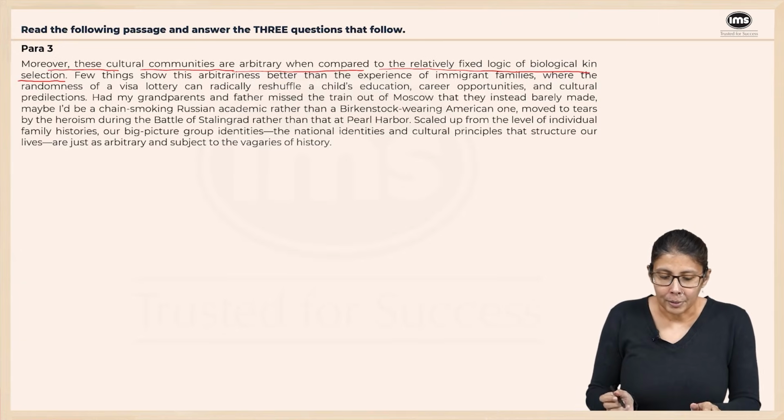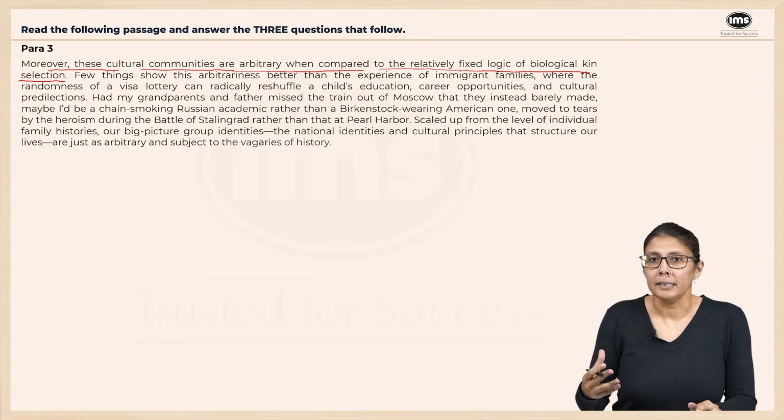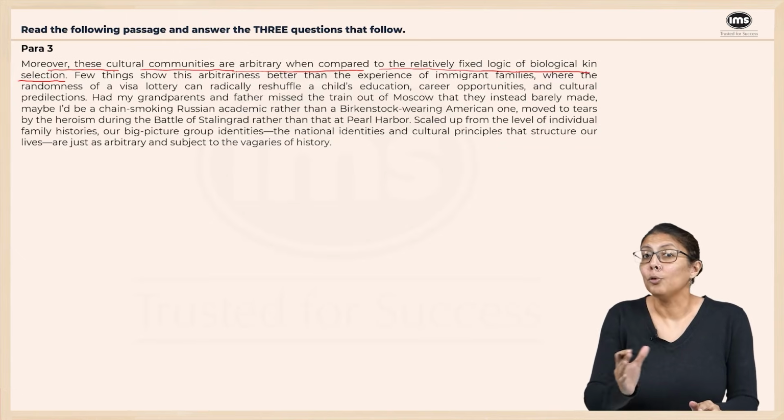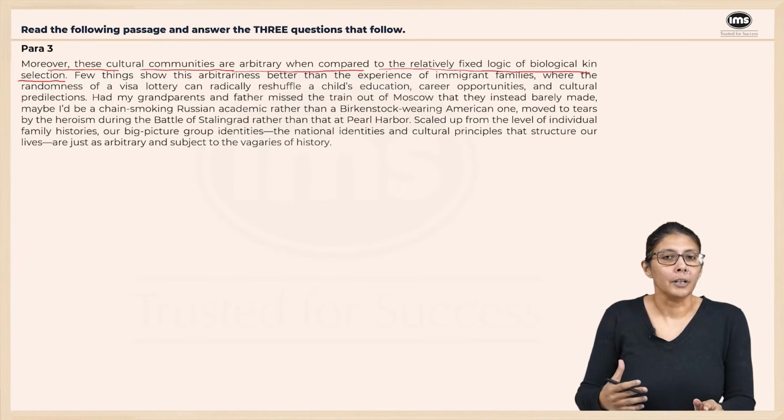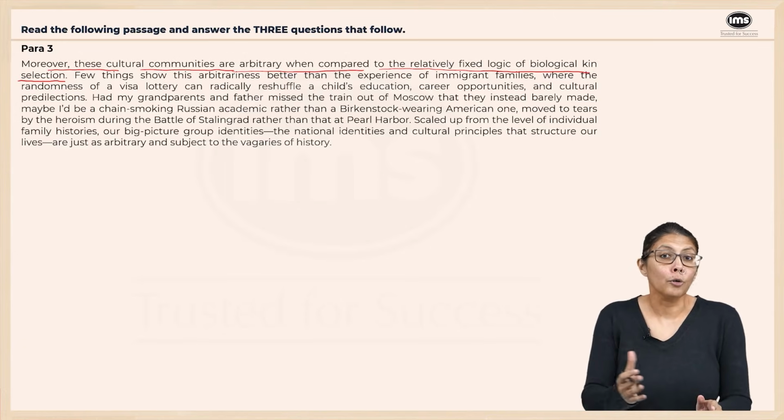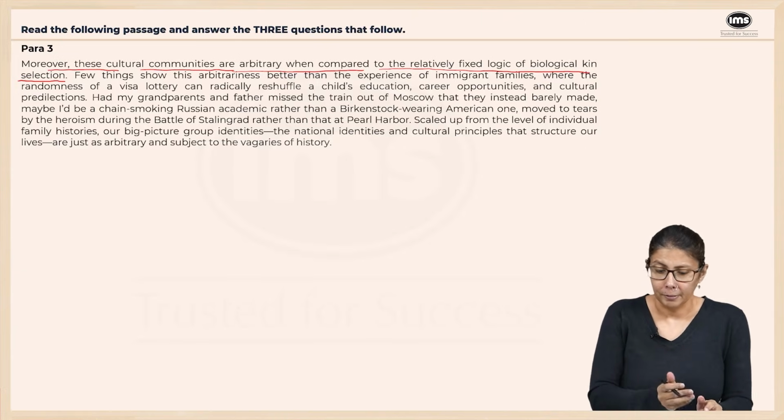It takes the example of how certain immigrants or immigrant families might leave one country and move to another. As a result, their children's lives are going to be changed greatly. The groups with which they identify, the situations that move them emotionally, are going to be very different depending on whether they identify with the country of their birth or the country that they have adopted.